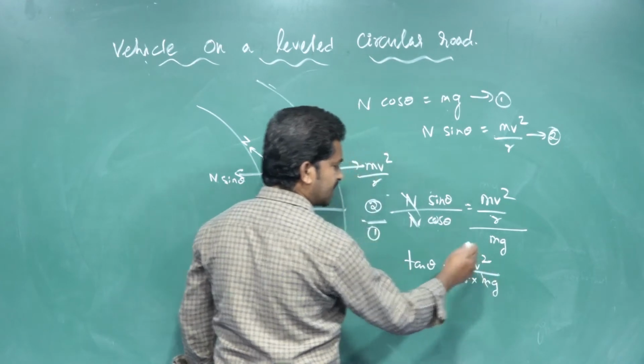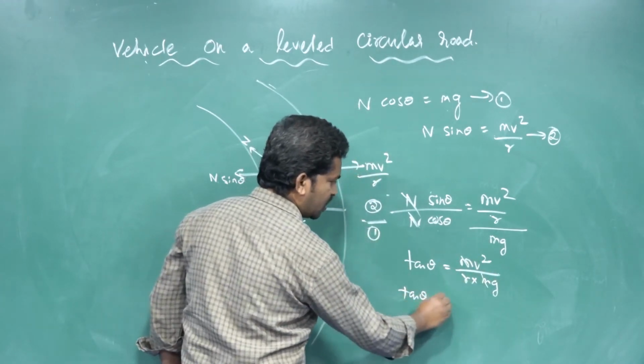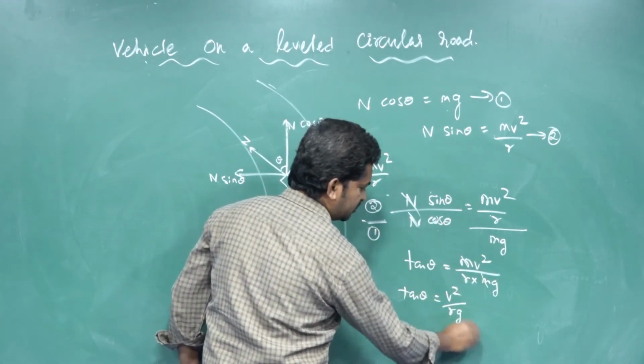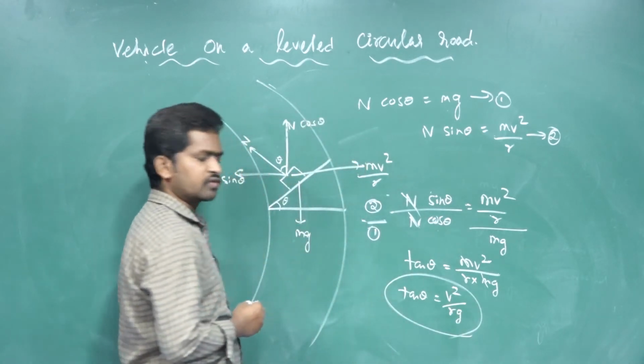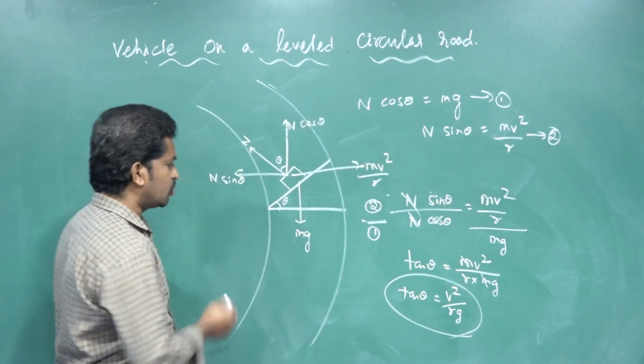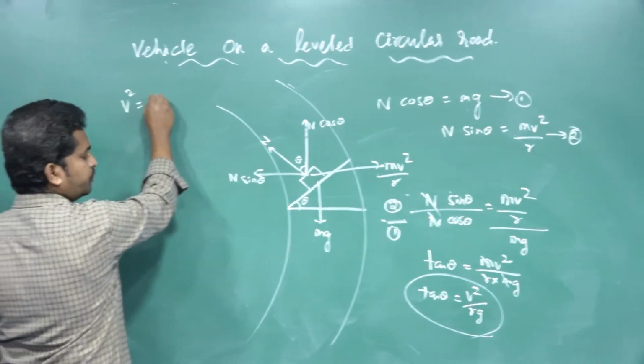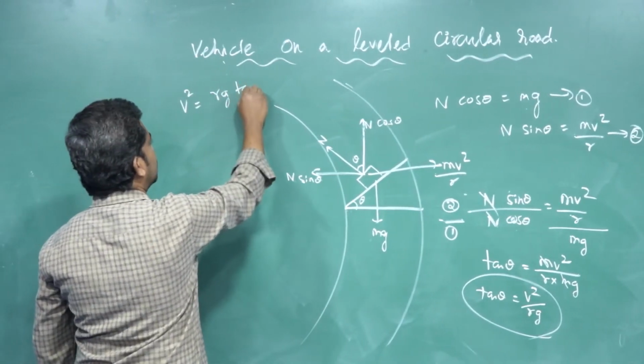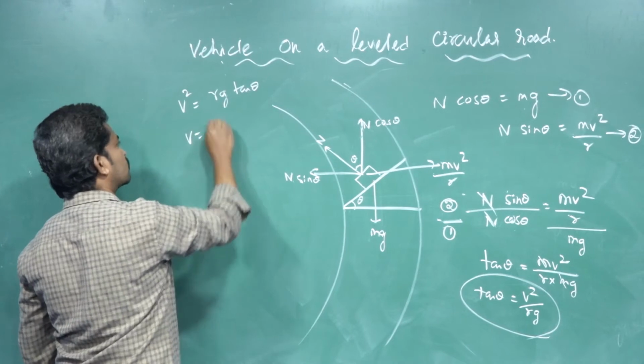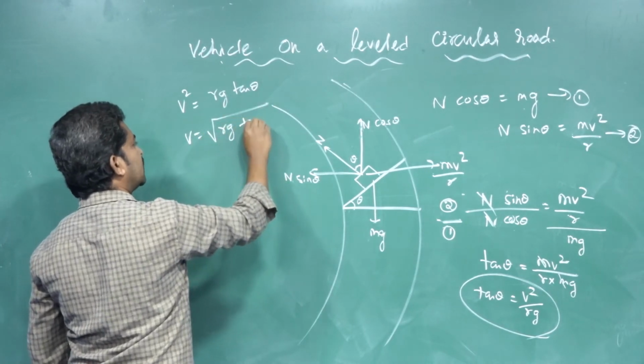So m cancels, and tan theta equals v square divided by rg. So v square equals rg tan theta, so v equals square root of rg tan theta.